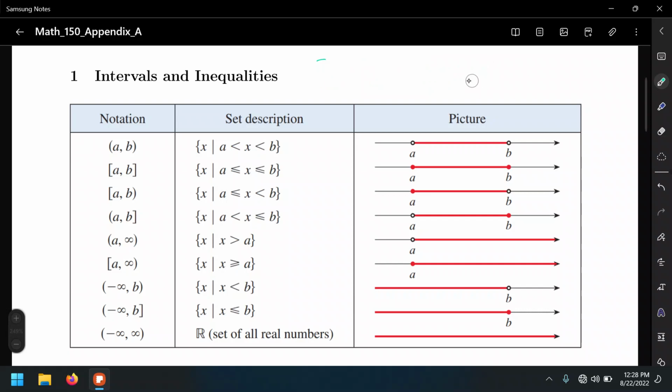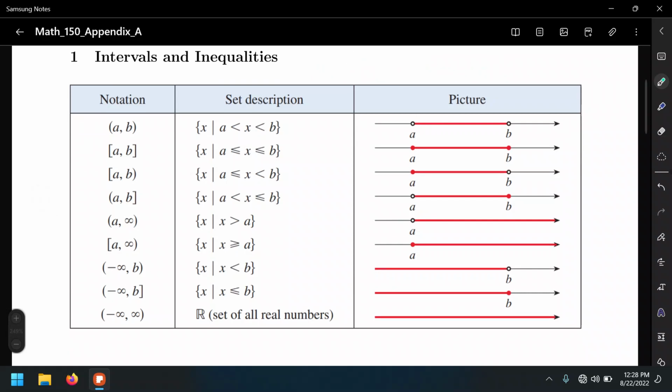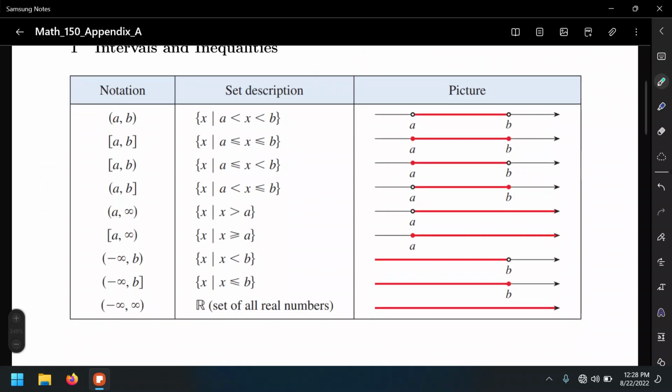So, in this case, the representations of this set are all these possible ones. So we may have sets that are open on the endpoints, closed on the endpoints. And in these two situations, open and closed on one of the endpoints. And in this case here is where we introduce the infinity symbol.